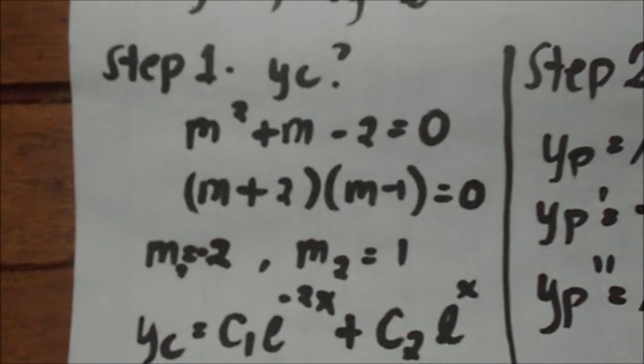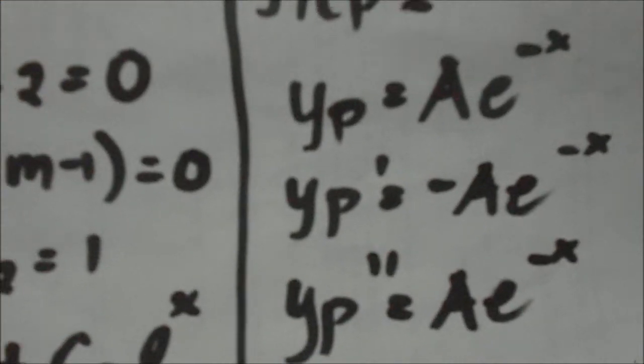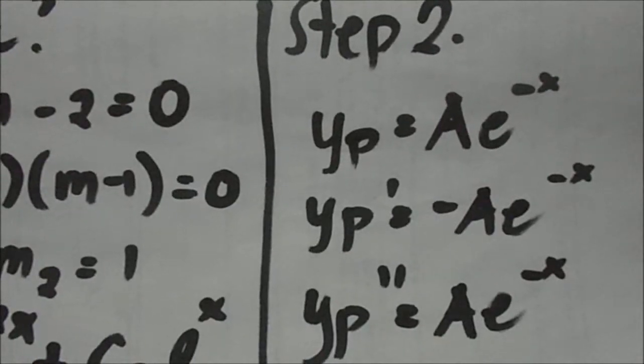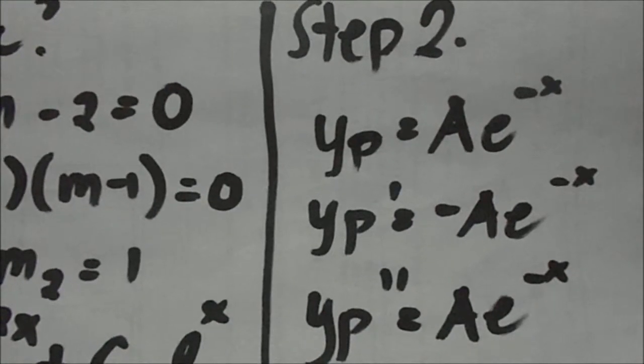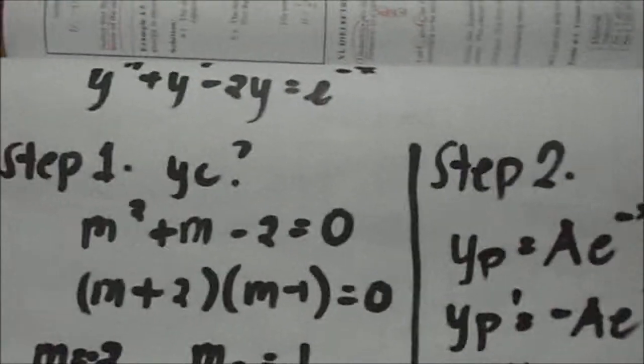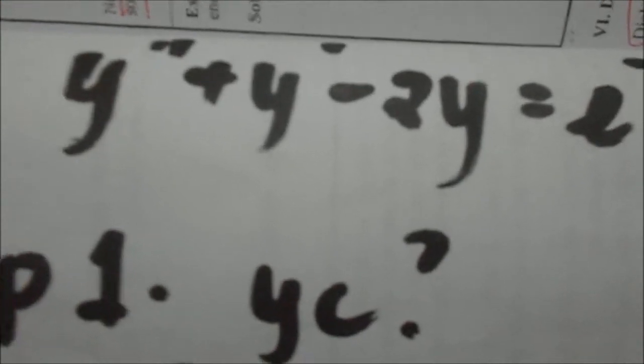Step 2 is we must find its particular solution. In finding the particular solution, we must make an educated guess. It is motivated by the kinds of functions that make up the input function g of x.